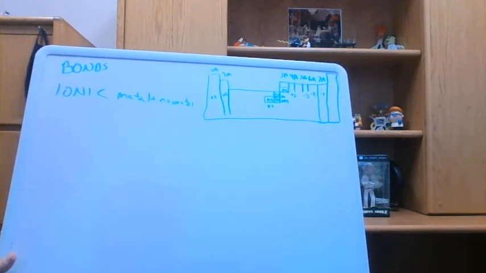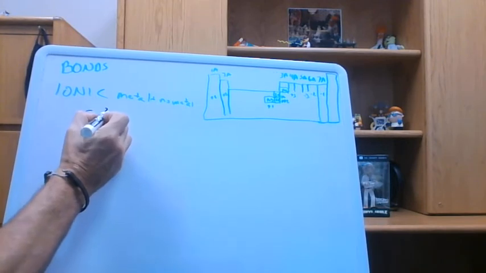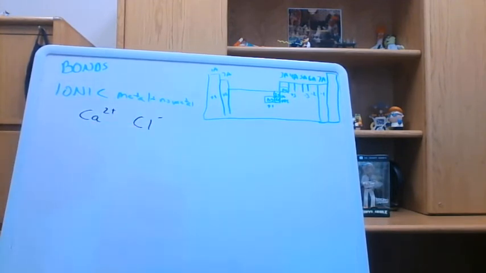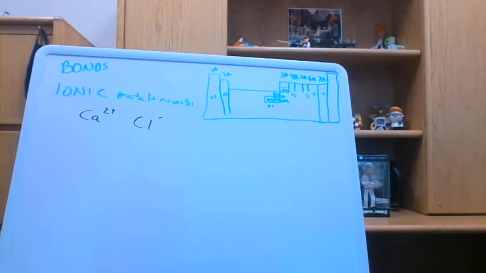The other way of doing it is if we have calcium 2+ and chlorine with a -1, is to say what's the least common multiple, right? And so both 1 and 2 go into 2, so we know we need a 2 charge on each, the cation and the anion, to balance each other out.